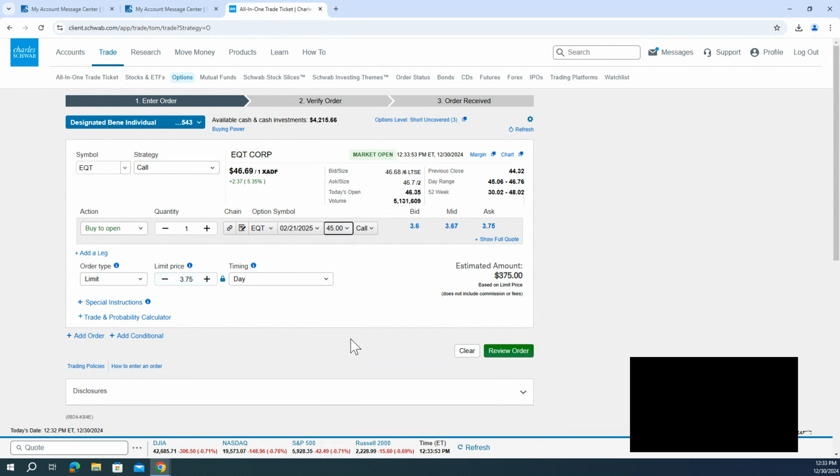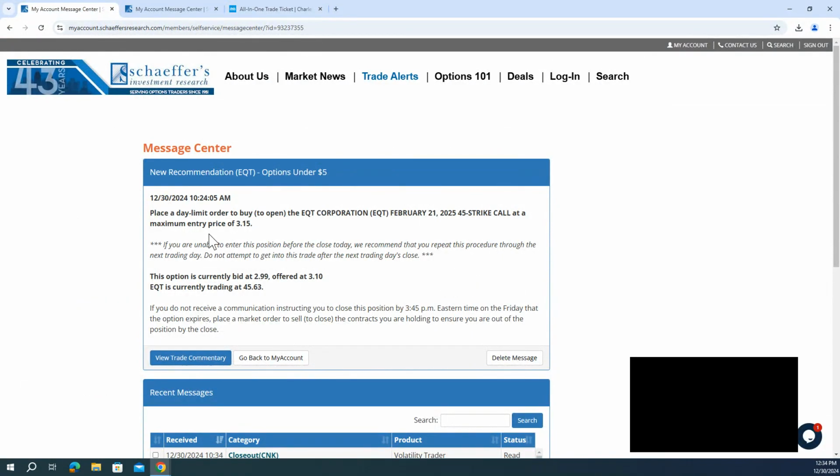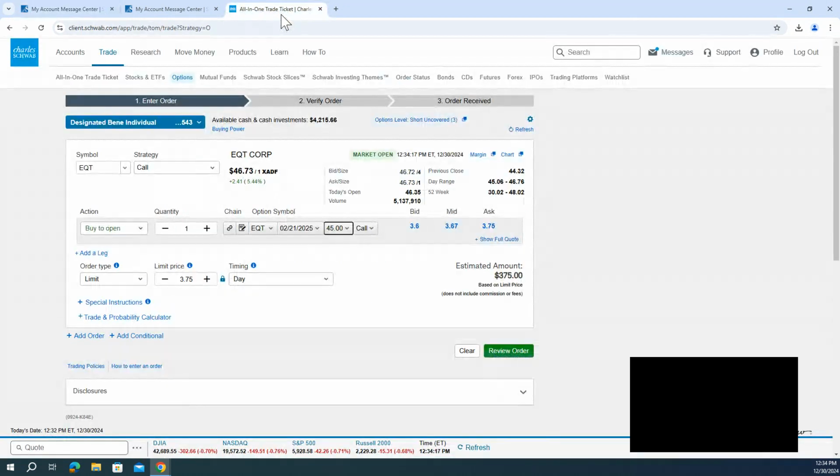And as you can see, this option contract is currently trading between $3.60 and $3.75. So it's very important to remember the trading team was very specific to not pay more than $3.15 per share. So let's make sure we select a limit order, and our limit price is $3.15.